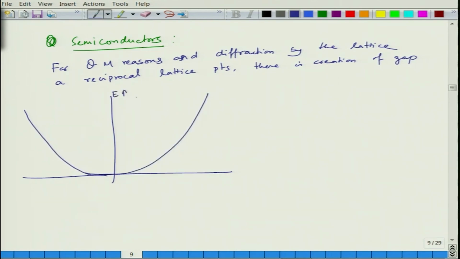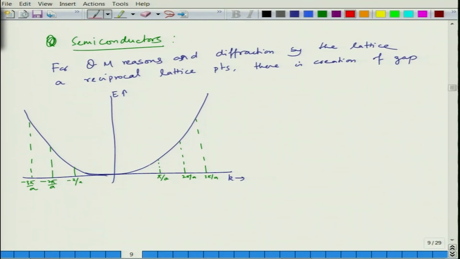This is E, this is K. Now this is K space. So K space basically will have reciprocal lattice points at plus pi by A, 2 pi by A, 3 pi by A, minus pi by A, minus 2 pi by A, and minus 3 pi by A. What happens in the E-K diagram is, because of diffraction by the lattice, there is a gap created at this stage.